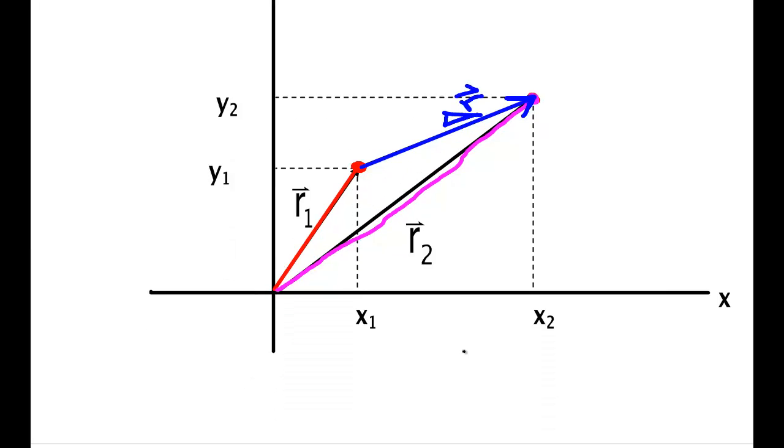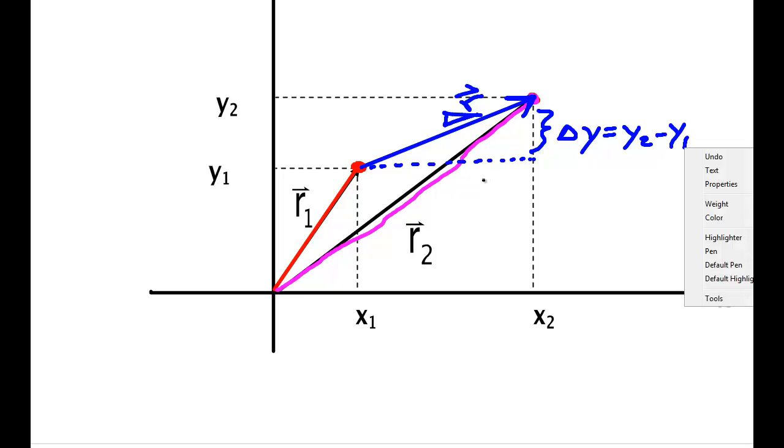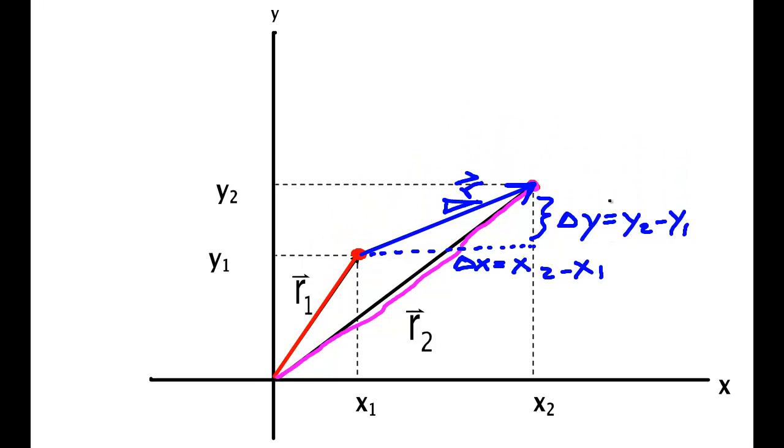Now if you look at that from working with coordinates, we could say the y coordinate for my blue vector is delta y, which is y2 minus y1, and its x coordinate, delta x, is simply x2 minus x1, and we could go back and put that into our formula.